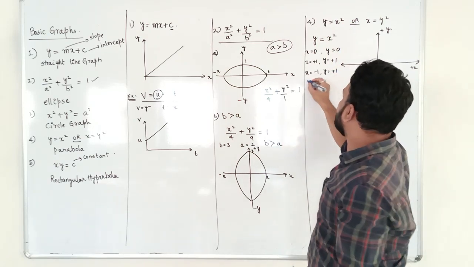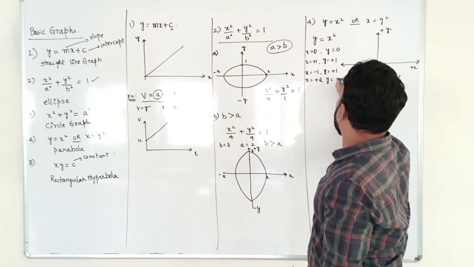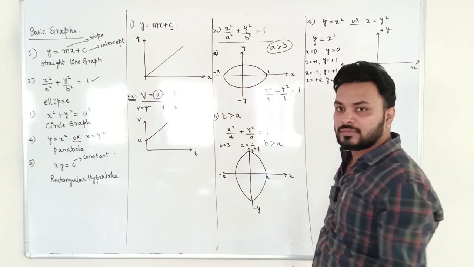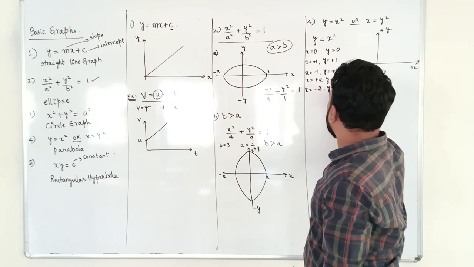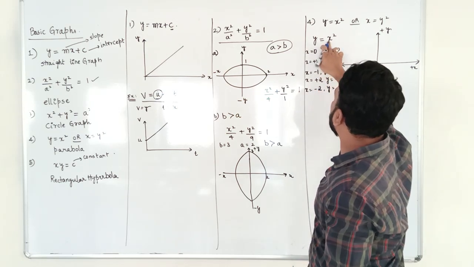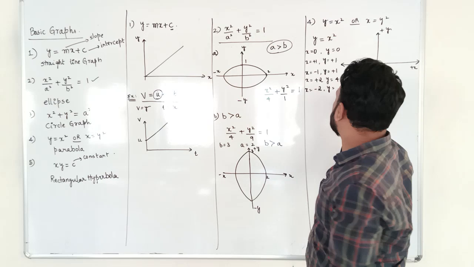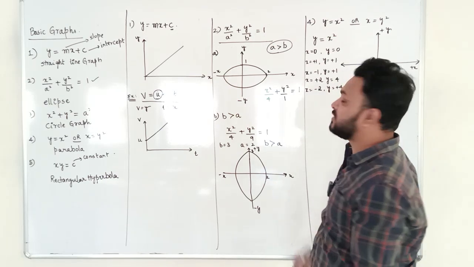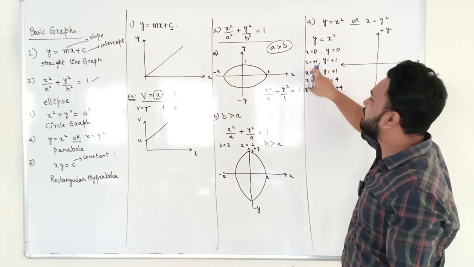Correct now? Suppose x equal to plus 2. What is y? y is becoming 4. Suppose x equal to minus 2. What is y? See, x equal to minus 2 means minus 2 whole square. Minus minus becomes plus. So y equal to again plus 4. See here, we are considering x as plus or minus.